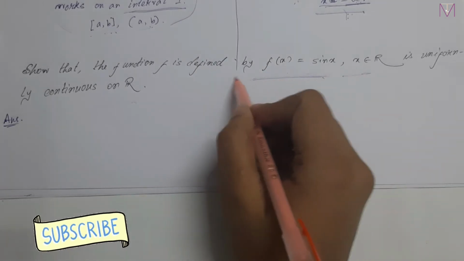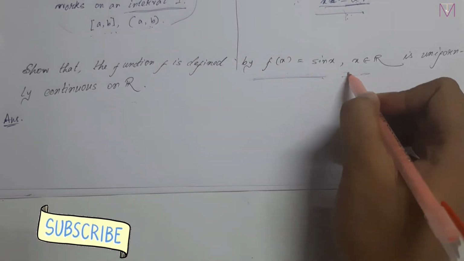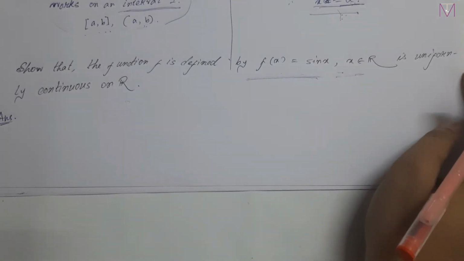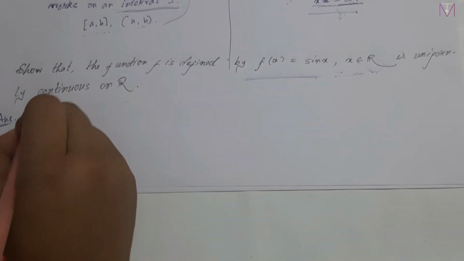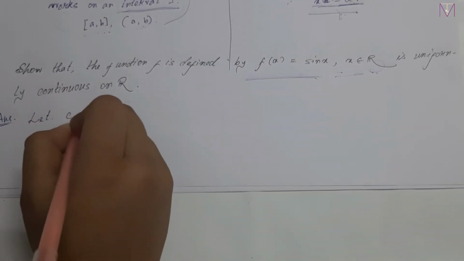Here we have to evaluate the uniform continuity in R, so obviously we have to take another point in R. So let c belong to R.